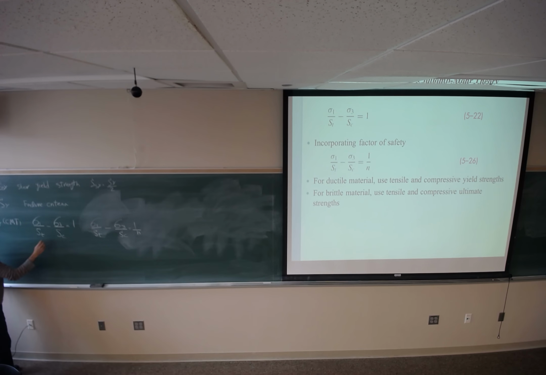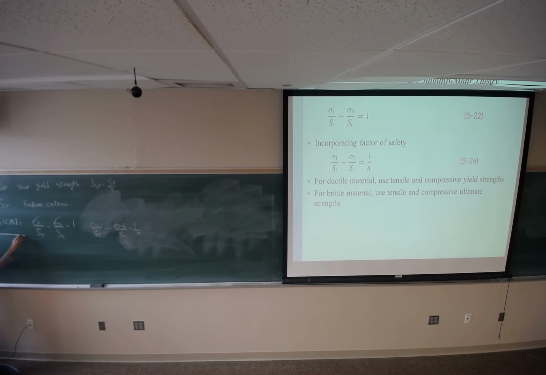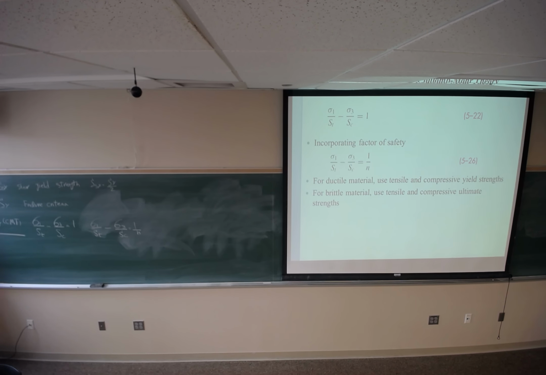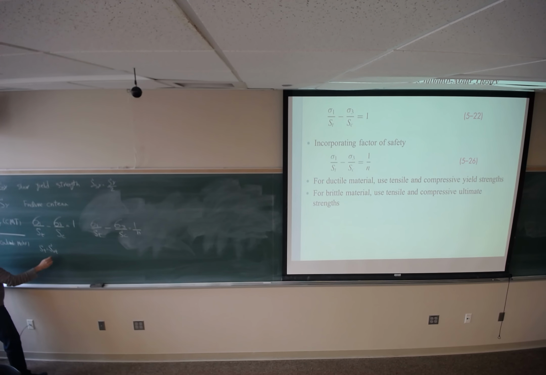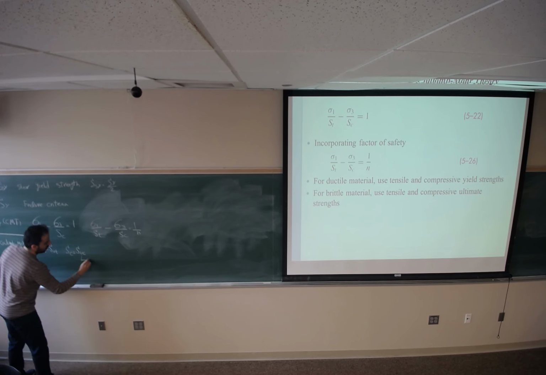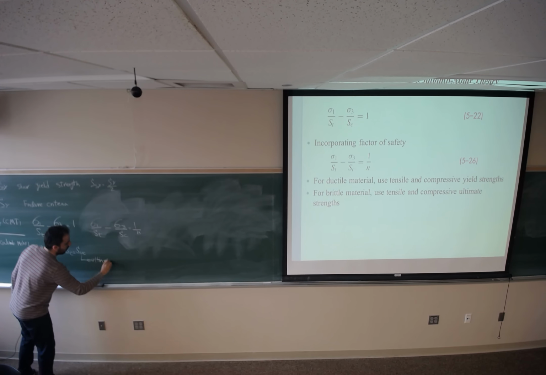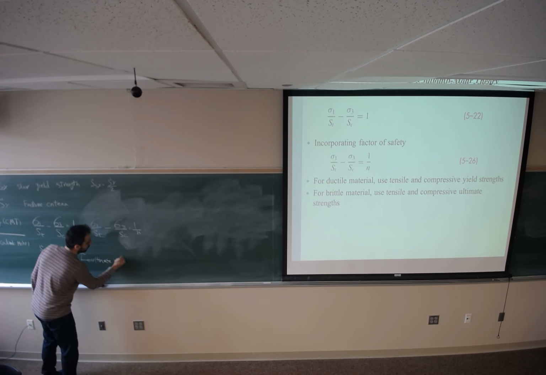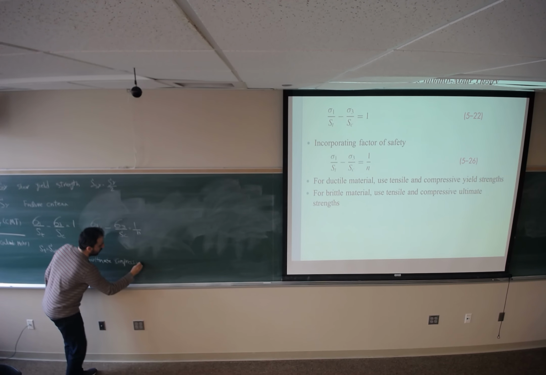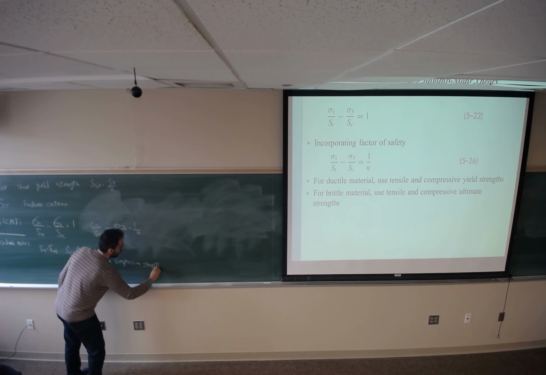And what would be the ST and SC? Later on, you will see when I talk about brittle material, the second failure theory that we are going to cover for brittle material is called brittle Coulomb-Mohr theory, or BCM. It's the same as this, but ST is going to be ultimate tensile strength and SC would be ultimate compressive strength.